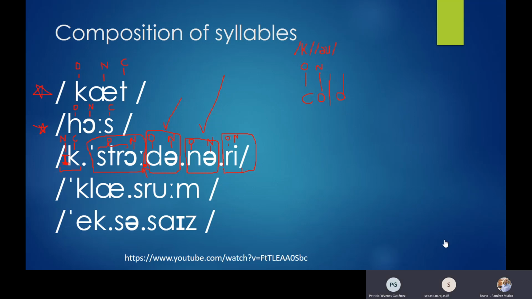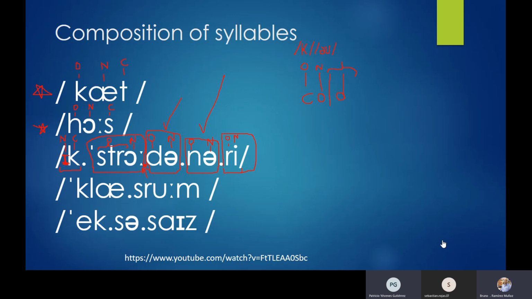Which word is it again? Code? Cold. Oh, I heard code. Sorry. Oh yeah, I think that there is a diphthong O, and that will be the nucleus.